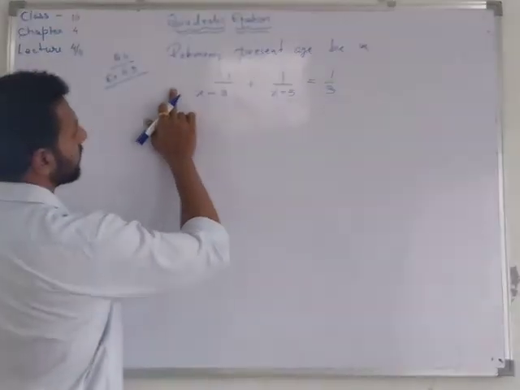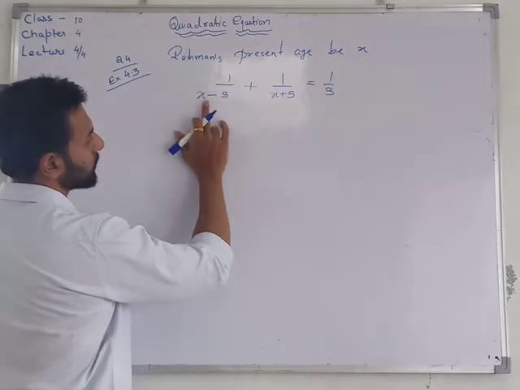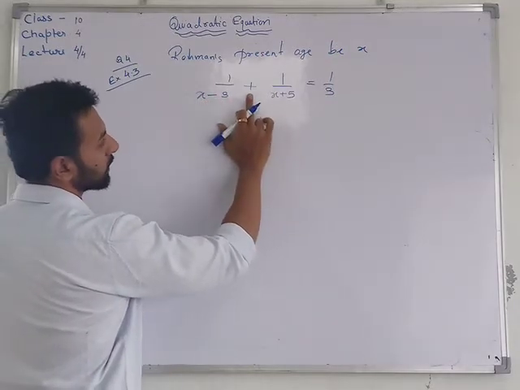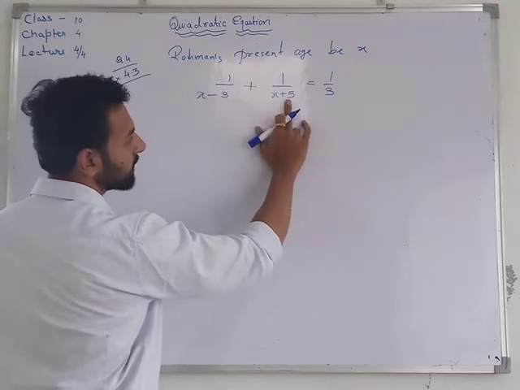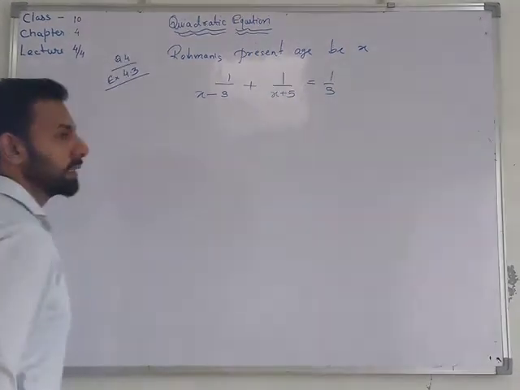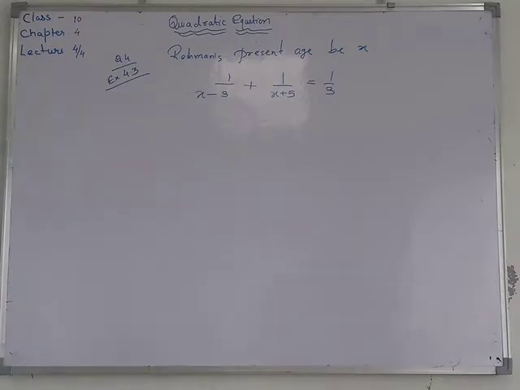We have to identify the value of x. We are given that the reciprocal of the age 3 years ago summed with the reciprocal of the age 5 years after is equal to 1 by 3.